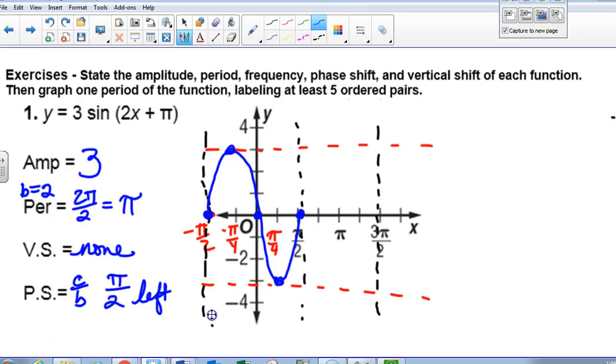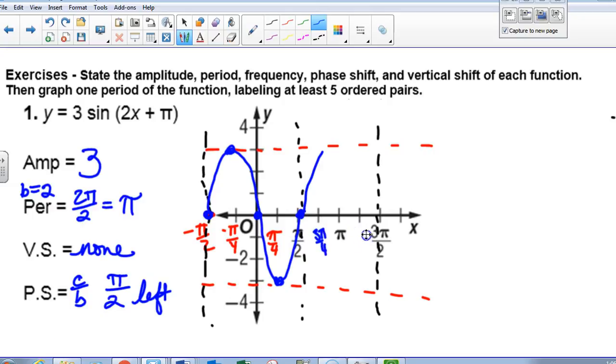Do you need me to actually write the ordered pairs, or have we put enough points on here that you could do them if I made you? This would be negative pi over 2, 0, negative pi over 4, 3, 0, 0, pi over 4, negative 3. We good? And then it would continue. This would be 3 pi over 4.